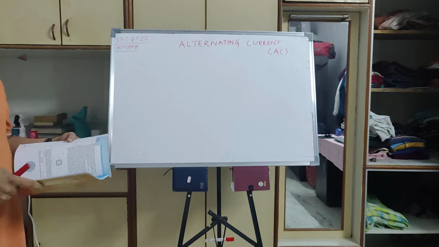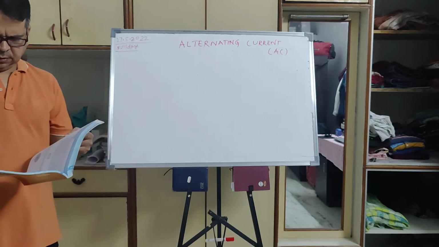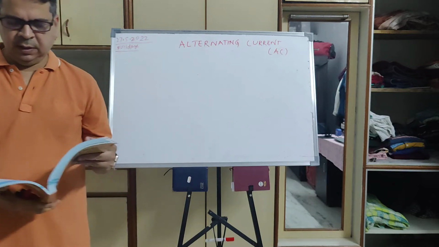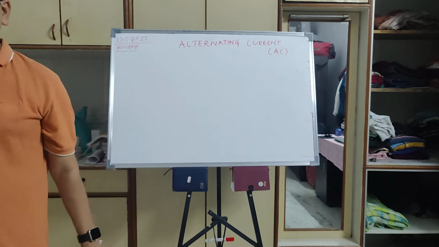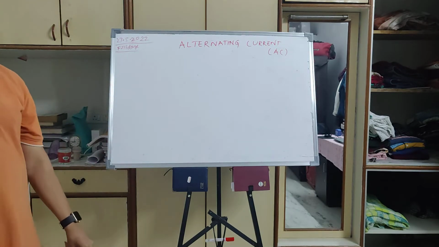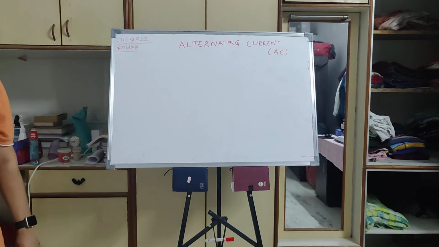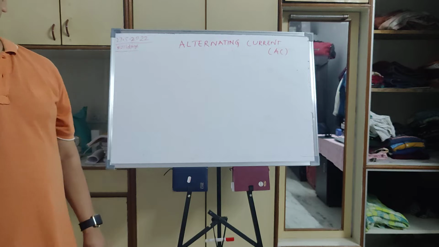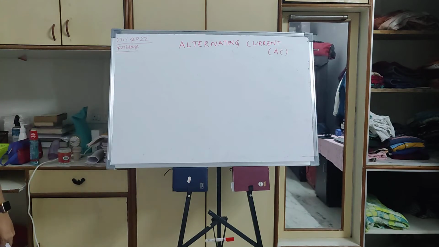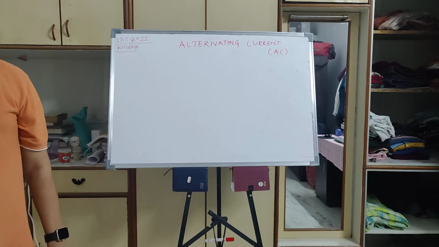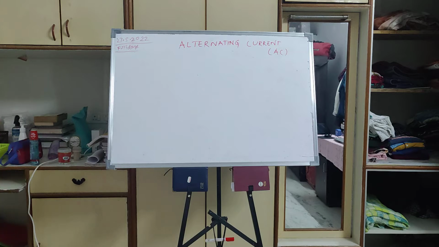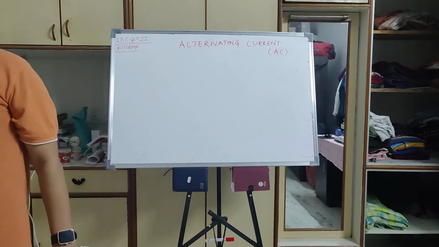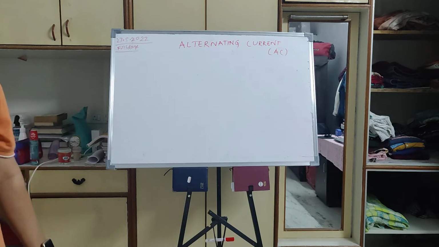So today we will quickly go through alternating current. We will discuss different types of AC circuit. In a circuit there can be only a resistor, only an inductor, or only a capacitor, or there can be a combination of inductor plus capacitor, which is called an LC circuit.